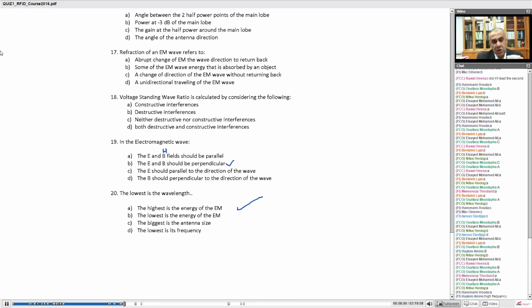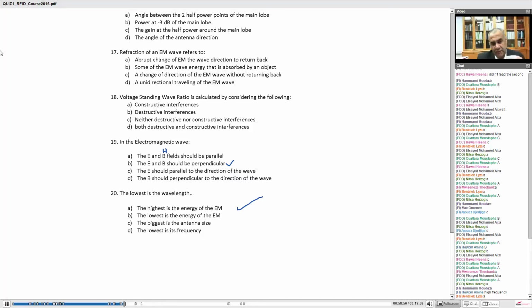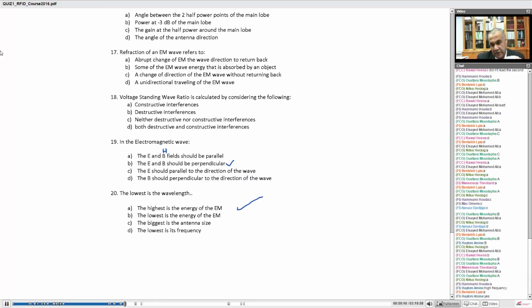Microwave means the wave in micrometer, very small. Microwave is highest energy. So the highest is in the lowest, yes, higher frequency. But you haven't the highest frequency here. The only one is this. So for the energy.